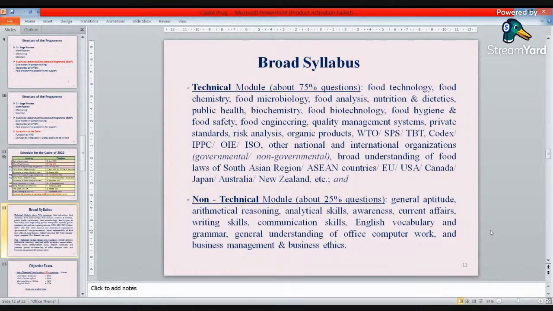We may not ask you a question to analyze the balance sheet of a company, but general business management concepts you should know. We don't expect you to read Philip Kotler's textbook on business management or trade management. No.